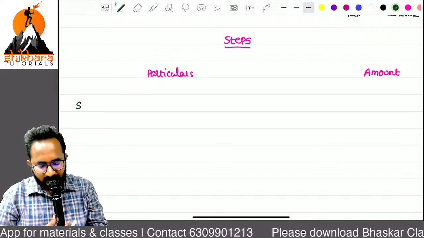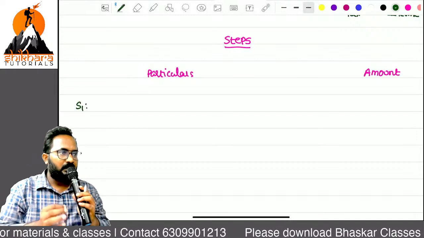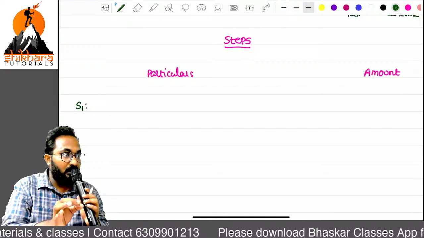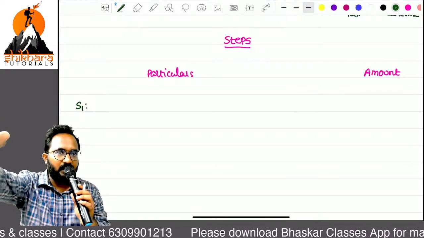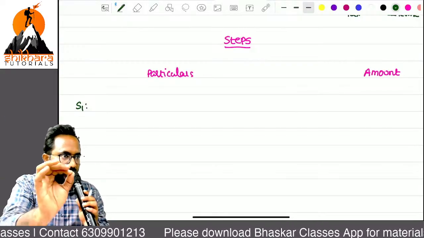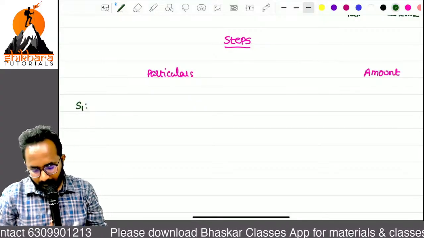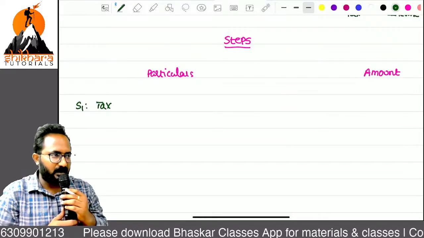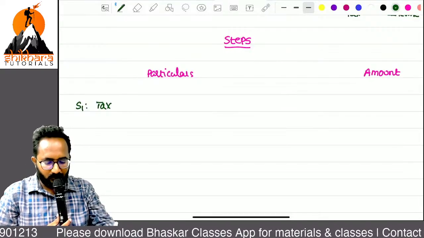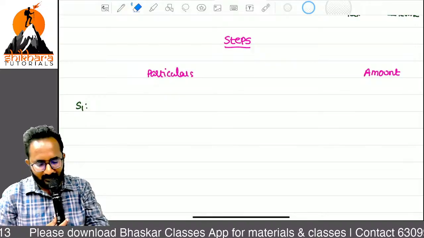Then first step: tax on total income. Whatever total income is given in the problem, on that we have to calculate tax including surcharge. I will write it down. Don't take any stress and no need to waste your ink and papers. You can sit and relax.